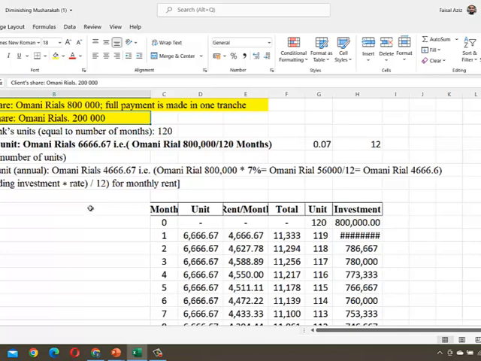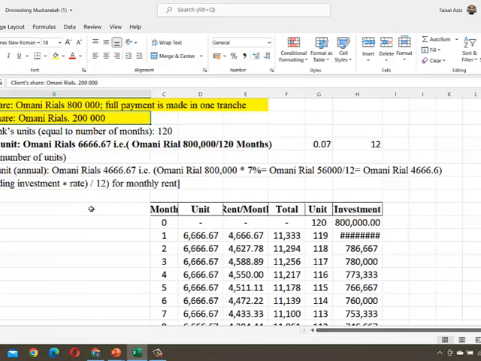Now the bank share is 800,000 and the bank will have to sell its share to the customer over a period of time. So what will happen? The bank share will be divided over the period of 10 years, and since it will be paid monthly, the bank share of 800,000 will be divided by 120 because in 10 years there will be 120 months.